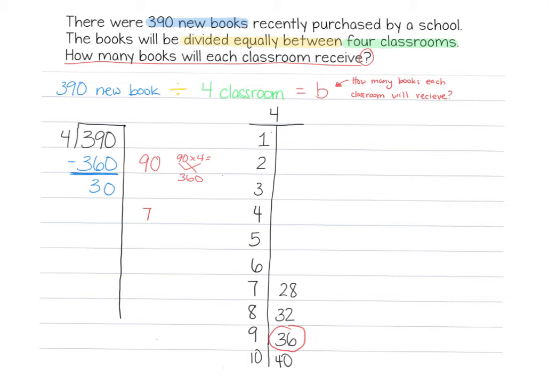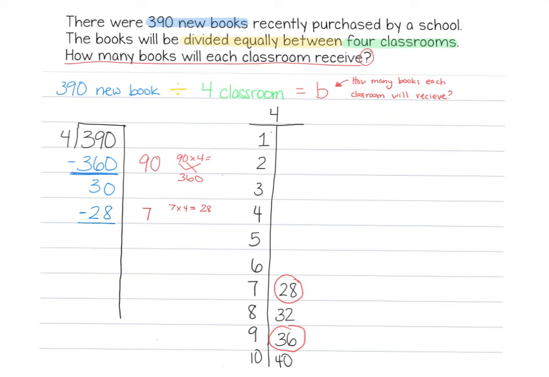When we use 7 books in 4 classrooms, that's the same as saying 7 times 4, which we know is 28. So we then say, okay, we're going to take away 28 books from our pile that we're distributing into different classrooms.